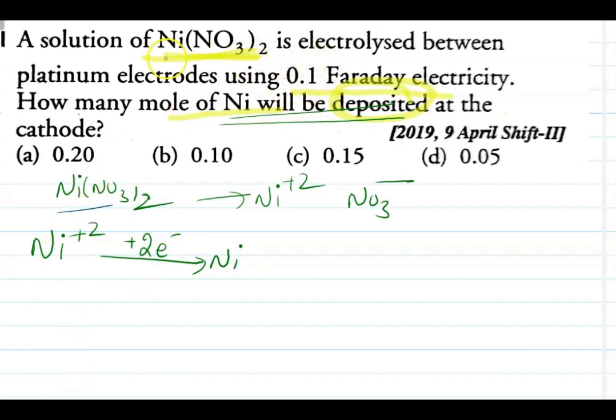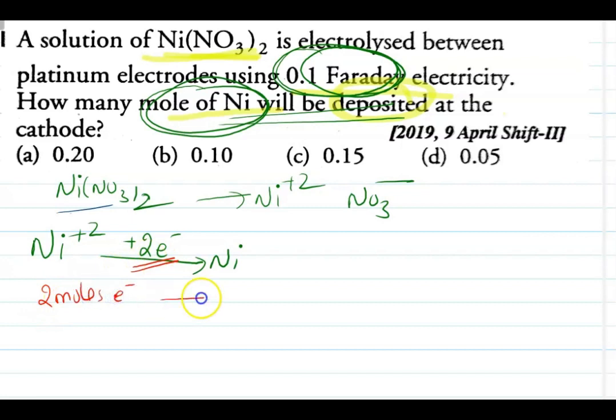So let's go to the question now. 0.1 Faraday of electricity is passed. How many moles of nickel are deposited? We know that according to Faraday's first law, 2 moles of electrons are involved in forming 1 mole of nickel, right?